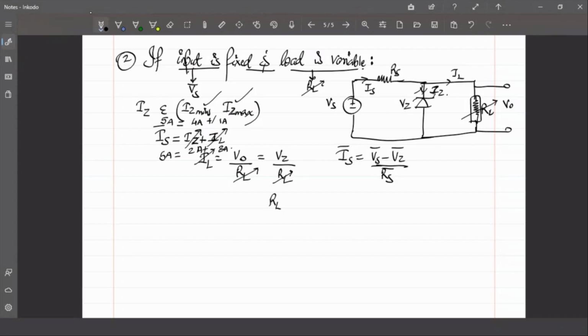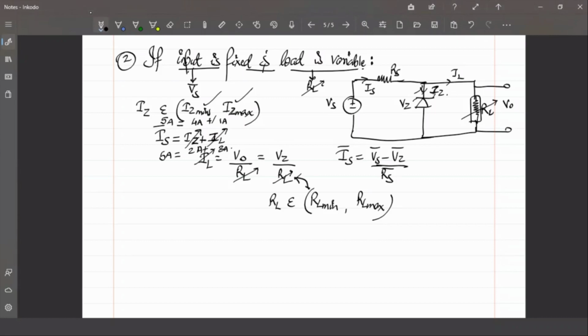I can say that if my RL belongs to a minimum value to maximum value, and I am able to keep my output load resistance in this range, then whatever be the value in this range, IL will be in a specific range.